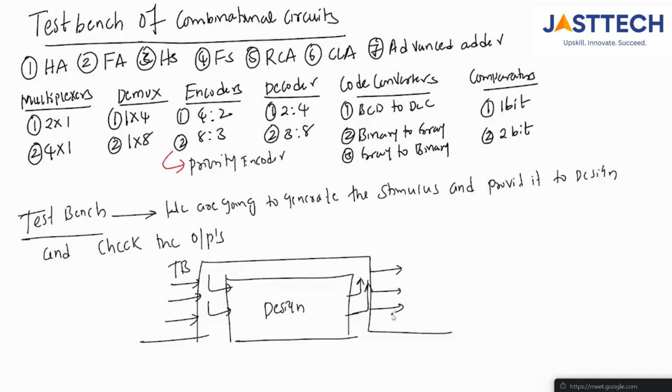Is it fine? What is test bench and why we are using it? For each and every design, we need to verify whether this design is working properly or not. So in order to verify that circuit, for each and every code, you need to write the test bench. Is it fine? Shall I move forward?